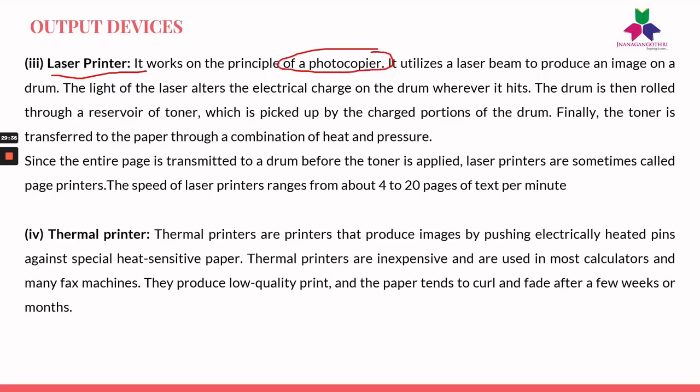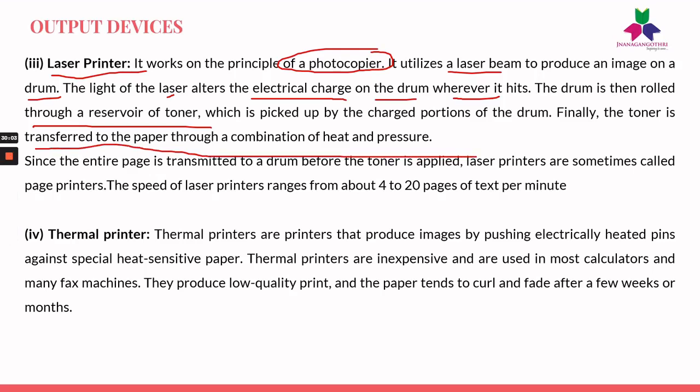It utilizes a laser beam to produce an image on a drum. The light of the laser alters the electrical charge on the drum wherever it hits. The drum is then rolled through a reservoir of toner, which is picked up by charged portions of the drum. Finally, the toner is transferred to the paper through a combination of heat and pressure.